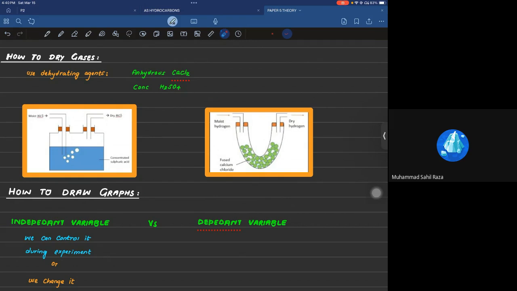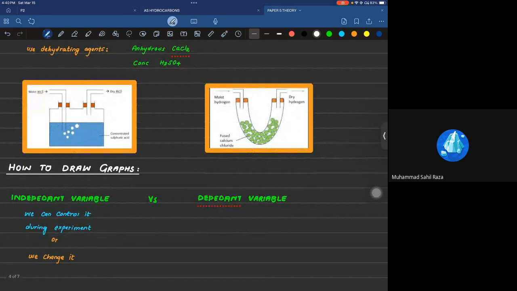The first one is called the independent variable and the second one is called the dependent variable. What is the independent variable? That we can change, we can control during the experiment.